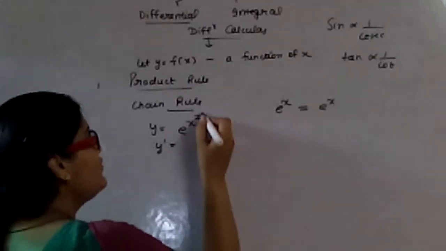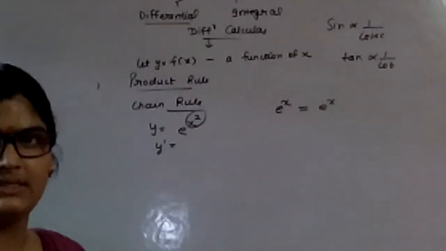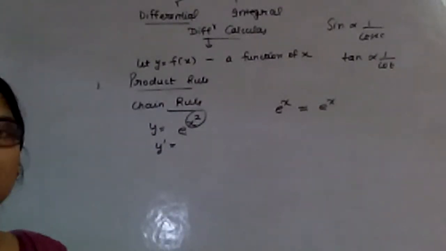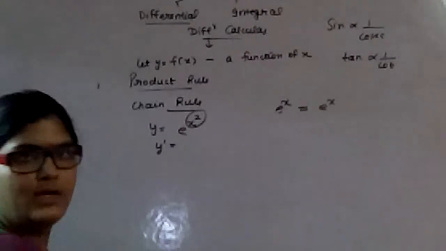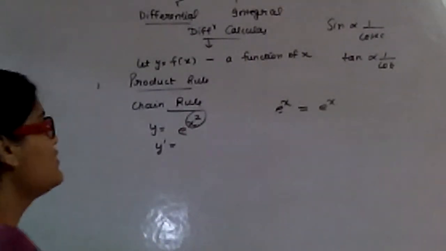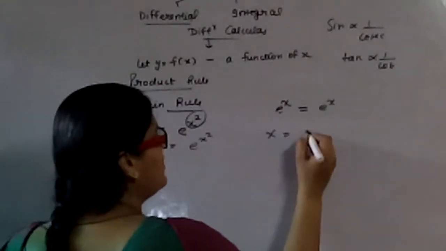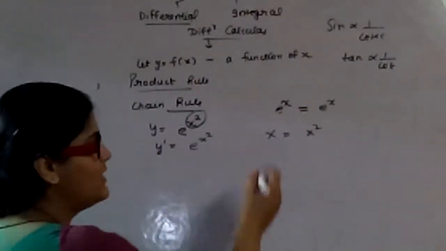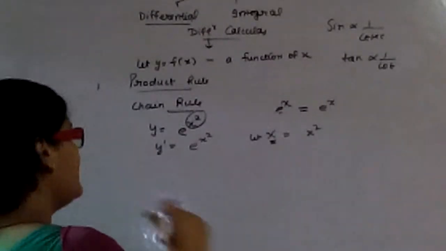We have to take or assume x square as single x. In chain rule, you have to convert it in the form of the formula. Okay, so e raised to power x becomes e raised to power x. You assume that x is really x square.